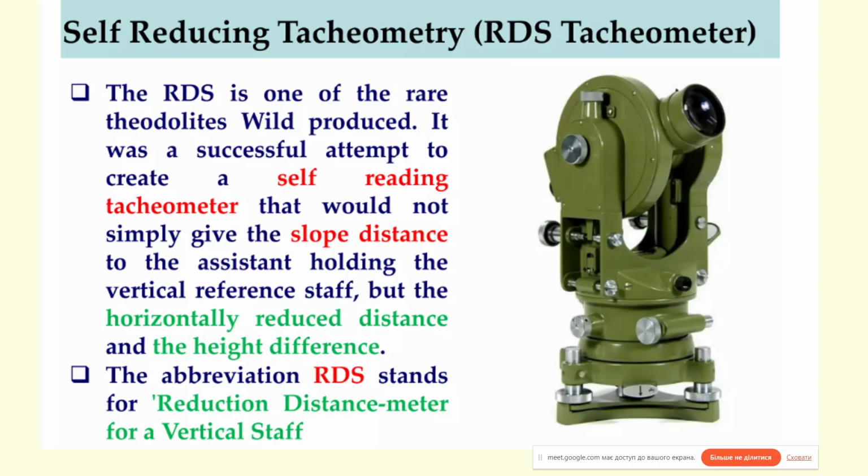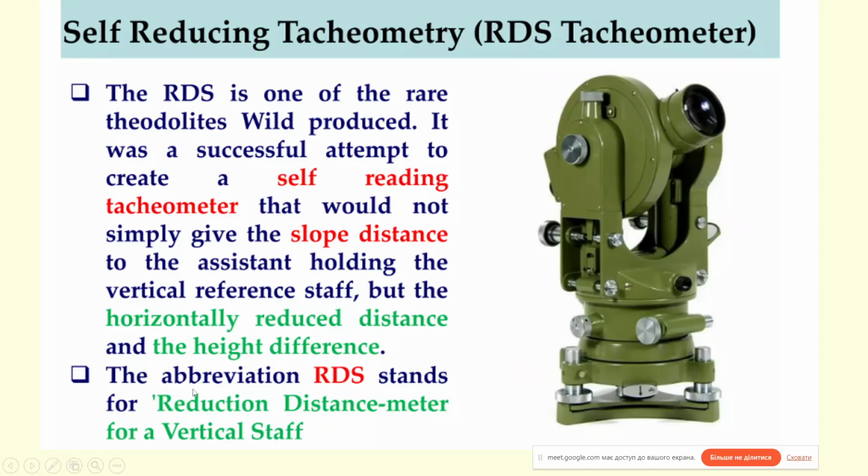The RDS is one of the rare theodolites Wild Corporation produced. It was a successful attempt to create a self-reducing tachometer that would not simply give the slope distance to the assistant holding the vertical reference staff, but the horizontally reduced distance and the height difference.